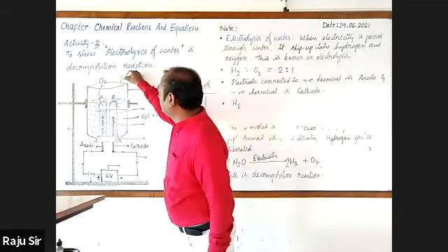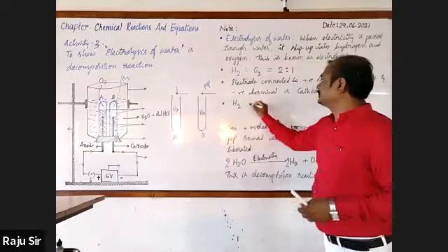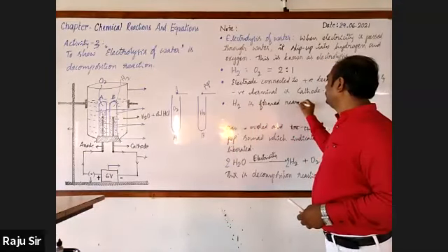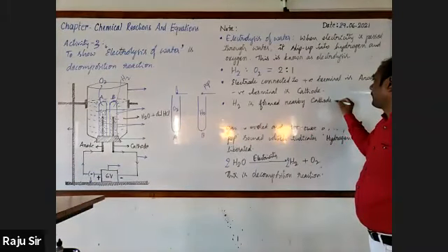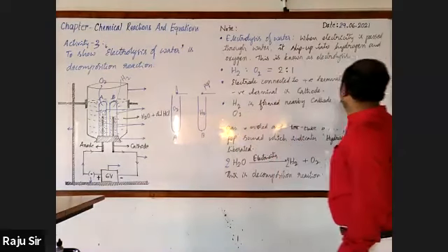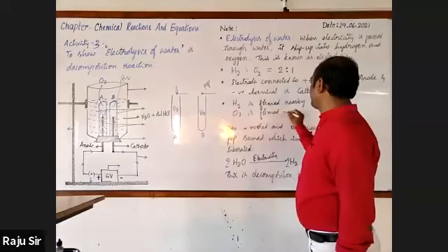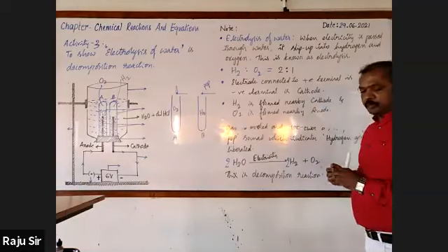Hydrogen is formed near the cathode. Next, oxygen is formed near the anode.